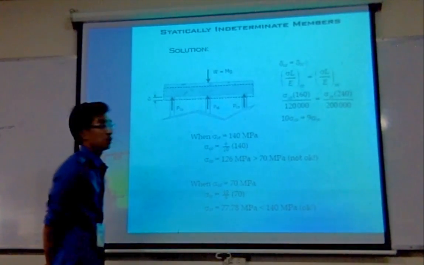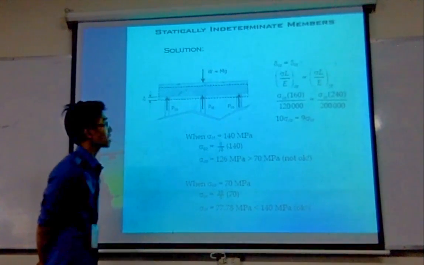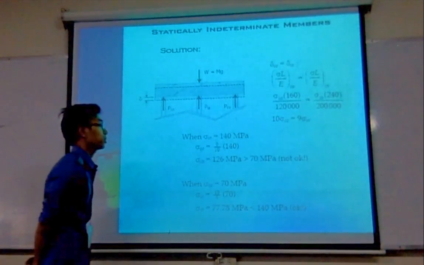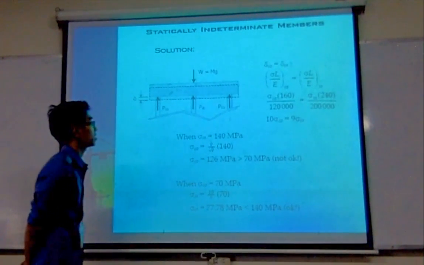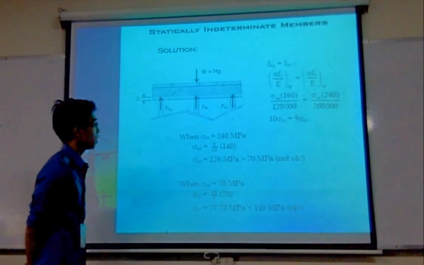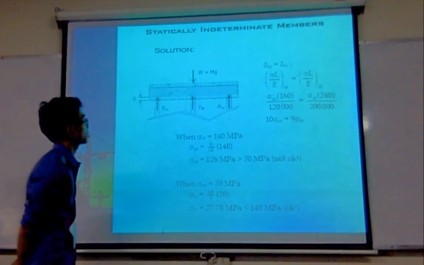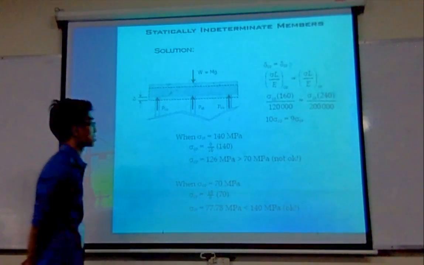And we have the weight of the mass. Since there are four forces applied on that object, using the three equations is insufficient. So this is what we call statically indeterminate.